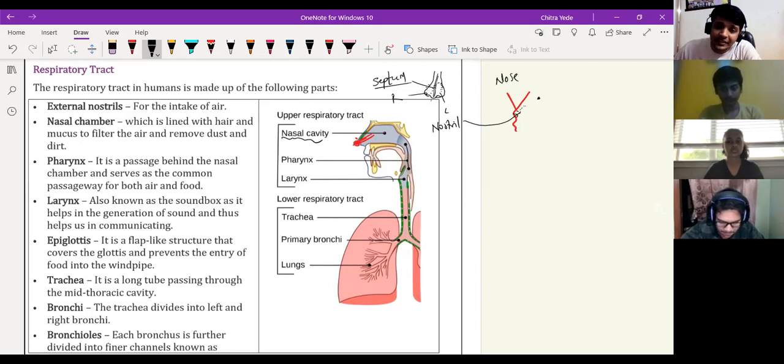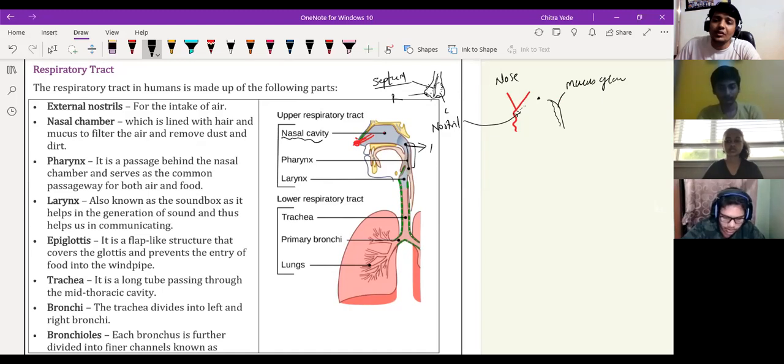Understood? And then air reaches from the nasal cavity to the pharynx region. From here to here we have the pharynx region. In the pharynx region a mucous membrane is present, and in the mucous membrane, mucous glands are present.